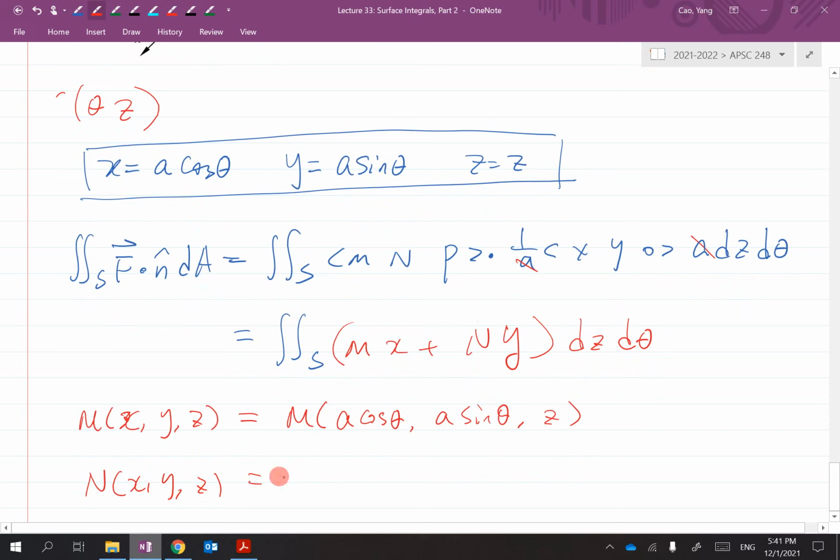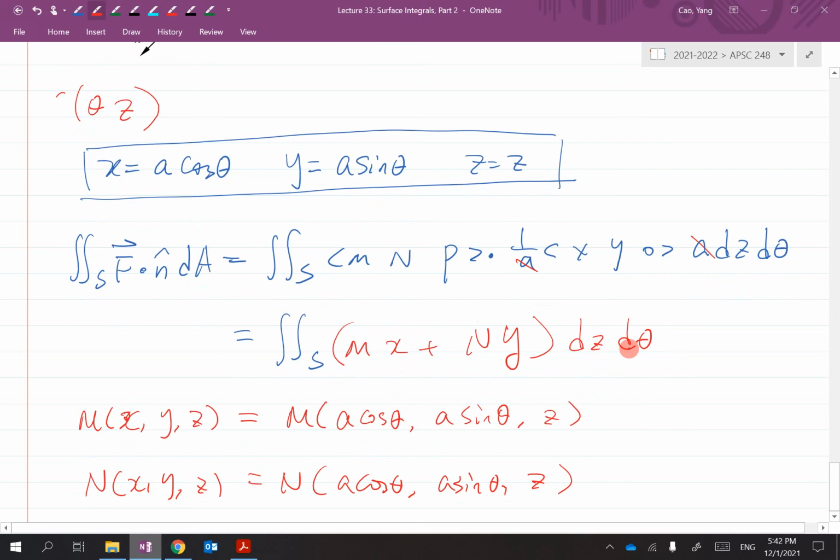You have to replace the x and y with the corresponding expressions, a cosine, a sine, and keep the z as it is. The x, y over there, of course, you still have to replace with a cosine, a sine. And the last step is to find limits for z and theta, as you have done for a cylindrical triple integral. Find the limits for z and theta.